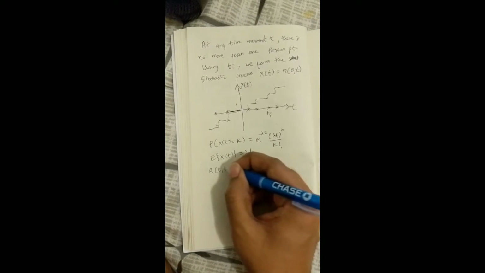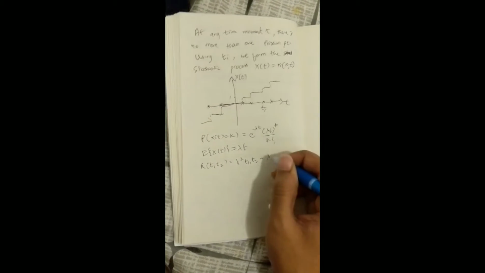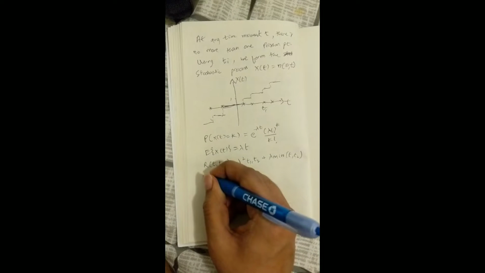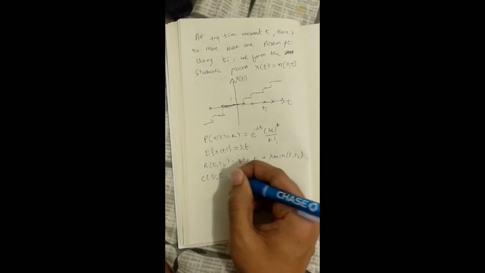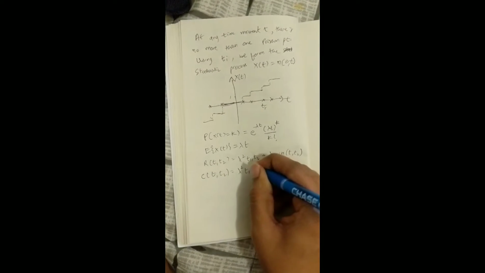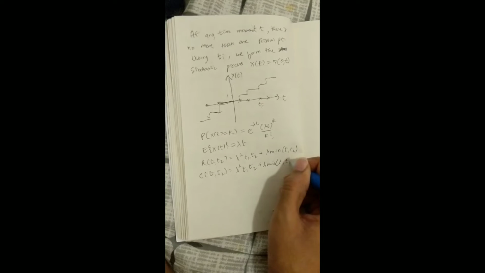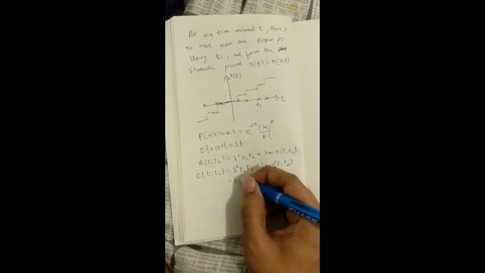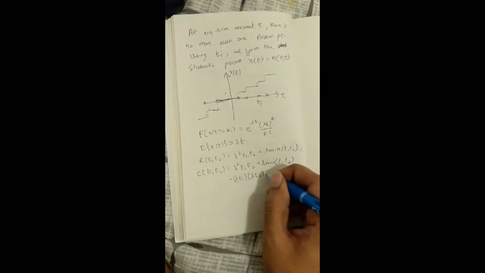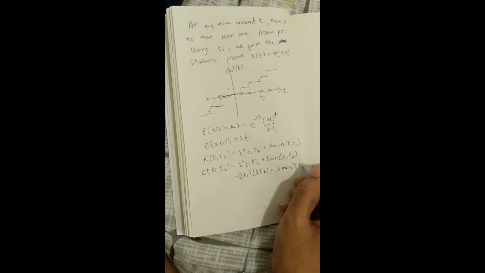Autocorrelation r of t1 comma t2 is lambda square t1 t2 plus lambda times minimum of t1 comma t2, and the covariance c of t1 comma t2 is given by lambda square t1 t2 plus lambda min t1 t2 minus lambda t1 into lambda t2, which is lambda minimum of t1 comma t2.